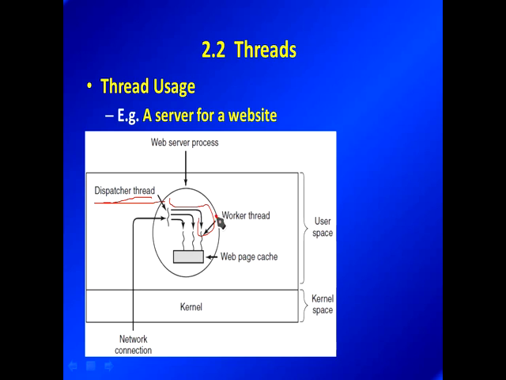After the worker thread gets the data that the request requires, it hands the data back to the process, and the users can get the response much faster.